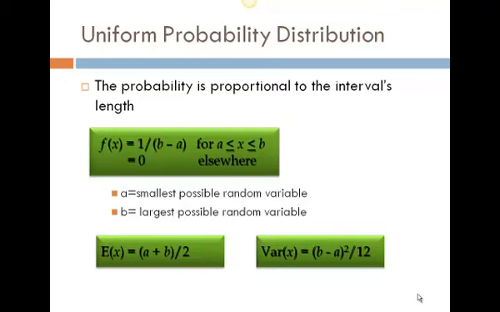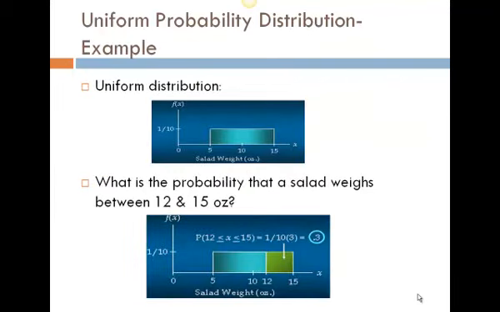That is going to be equal to 1 over B minus A for all values between A and B and 0 otherwise. So if I look here, I have values between 5 and 15. So 1 divided by the quantity 15 minus 5 is 0.1 or 1/10. So I have an equally likely probability of selecting a salad weight between 5 and 15 ounces, and that probability is 1/10 for that entire range.